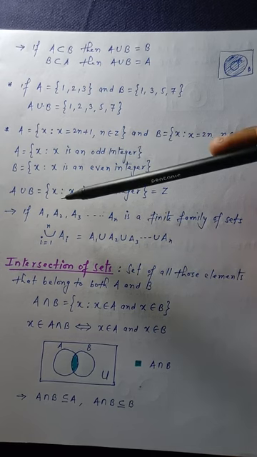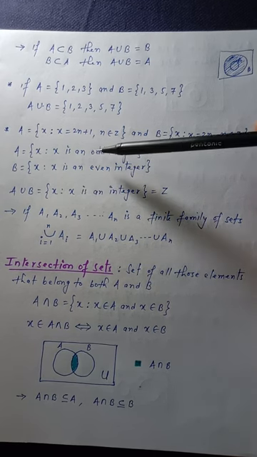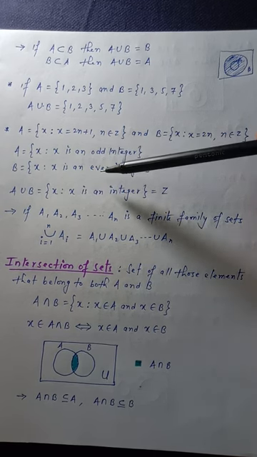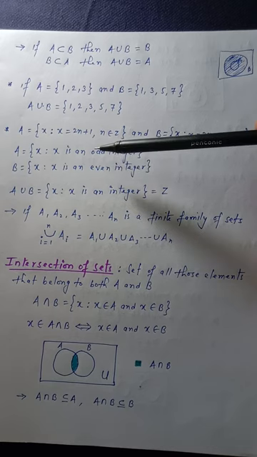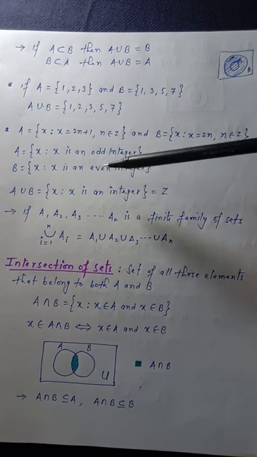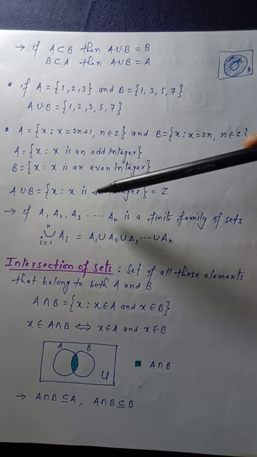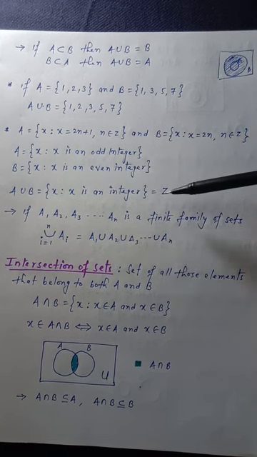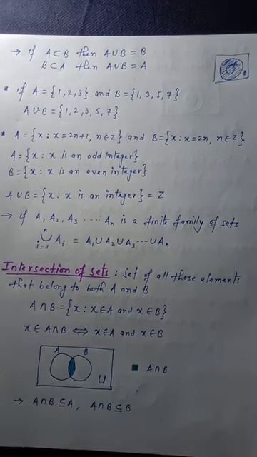So A union B means the set of even integers as well as the set of odd integers. So we can also say that x is an element which is an integer, because either it is even or odd. So we can say A union B is mainly set Z. Please note one point.